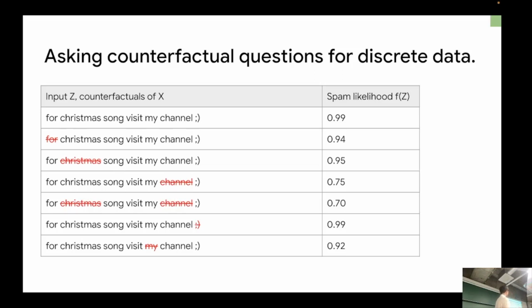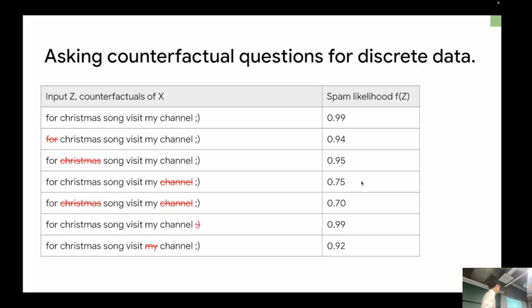How does the spam likelihood prediction change? So for example, if you're removing "for" here, your spam likelihood is 5% points less, whereas if you erase "channel" here, your spam prediction is 24% points less, okay?